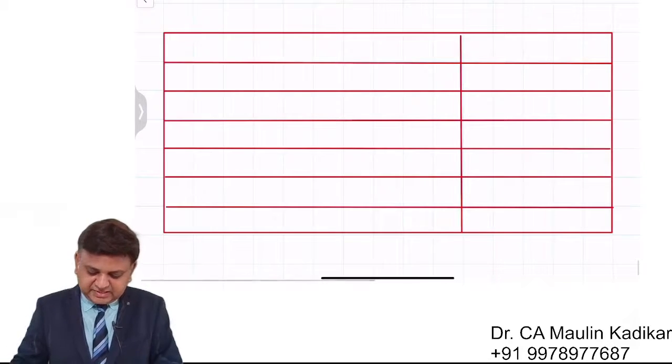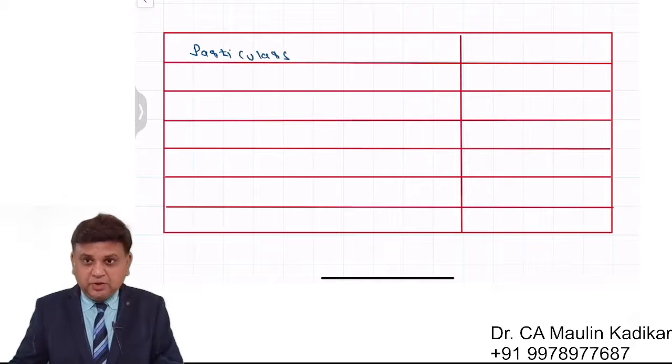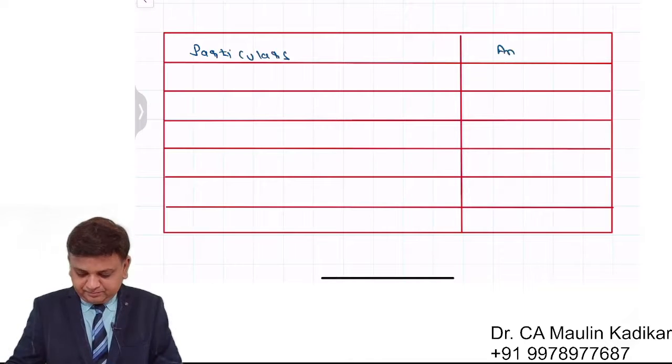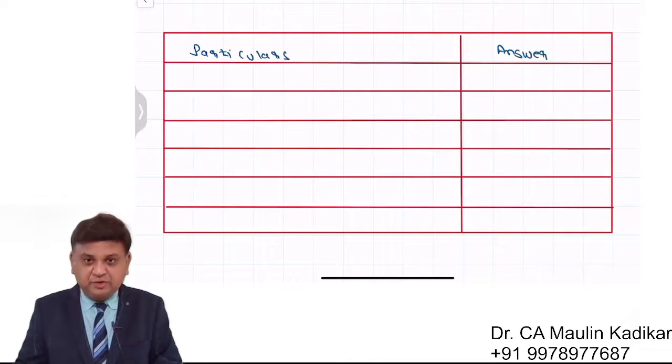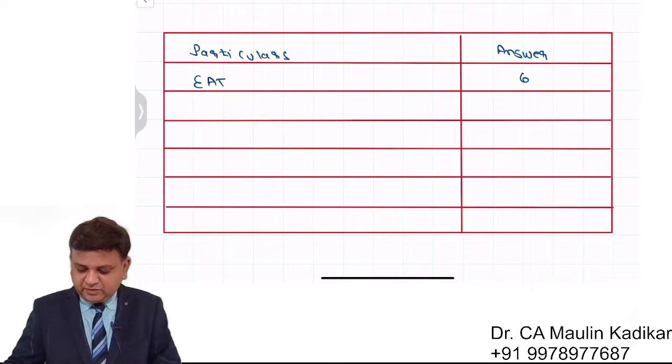So we understand that we can compute the answer like this. Column number 1 particulars, column number 2 answer. I request all of you to write down the answer along with me. Earning after taxes, we already have found it: 63,000 rupees.